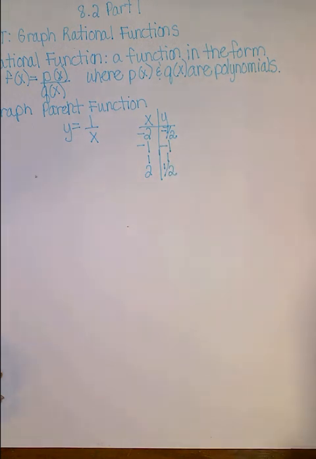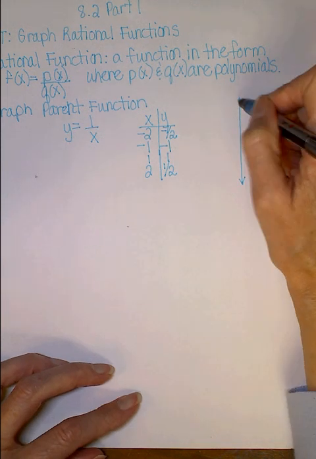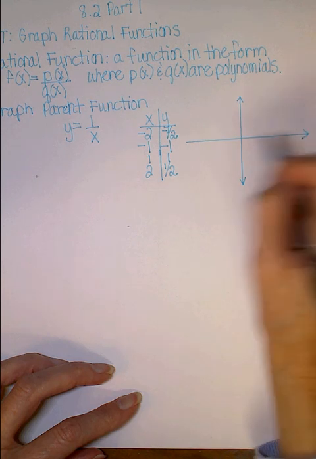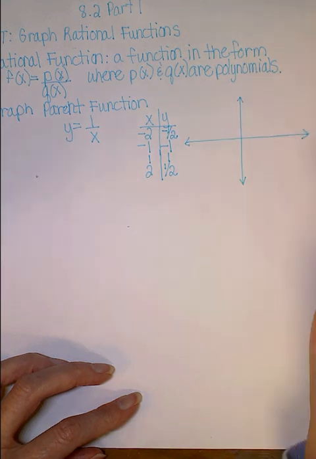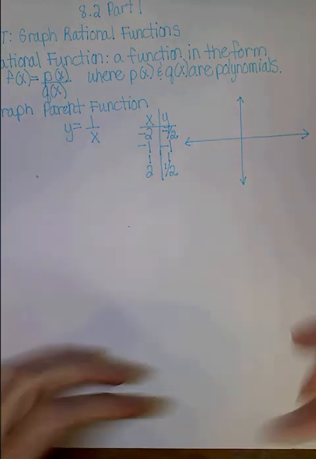Alright, so this graph, these rational functions have asymptotes, just like our exponential and our logarithm graphs. But the thing that makes these different is they have both horizontal and vertical asymptotes.